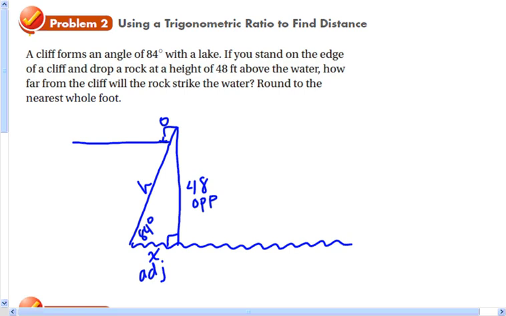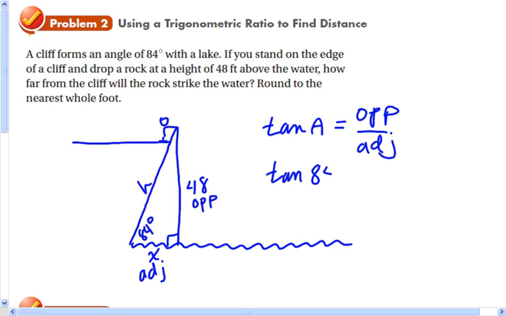But we want to know x, so we have opposite and adjacent, and if you remember, the tangent of an angle, let's just say tangent A for now, A for angle, is equal to the opposite divided by the adjacent, like that.